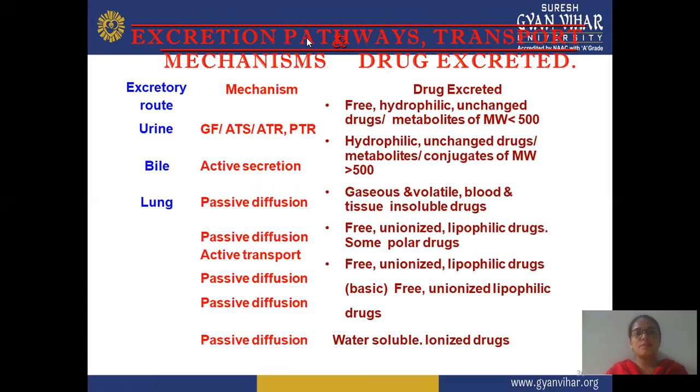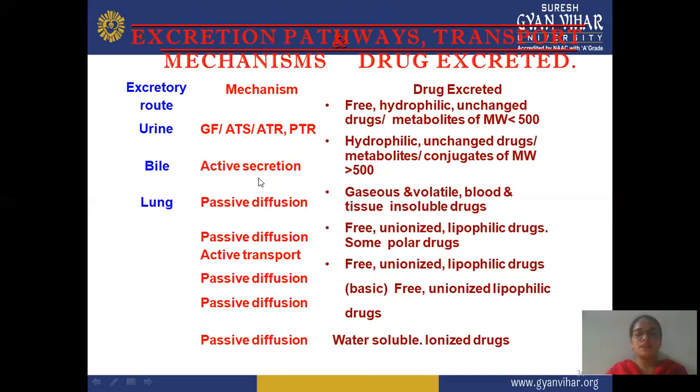This is a mechanism according to different non-renal routes of excretion, where it takes place, and which drug is excreted out in this excretion route: urine, bile, and lungs. In this mechanism, first is glomerular filtration. In this, free hydrophilic unchanged drug or metabolites of molecular weight less than 500 are excreted out.